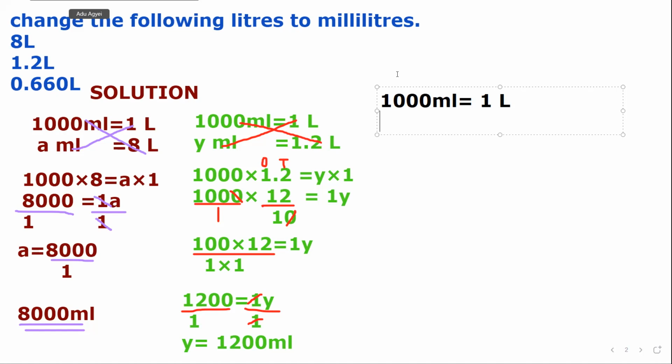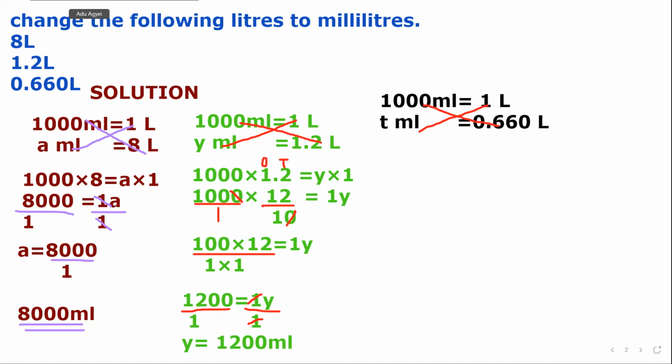So you can choose a letter like the small letter t, mils here, which is equal to the 0.660 liters. Okay, good. Then once you have done, always you state the standard, the difference between the mils and the liters. Then once you have done, you do your cross multiplication.